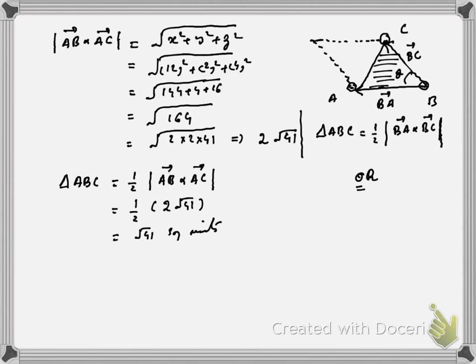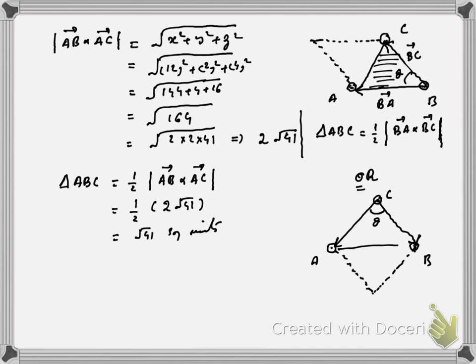or suppose A, B and C are the same points. If we find C to A vector and C to B vector, the parallelogram formed by these vectors is like this.